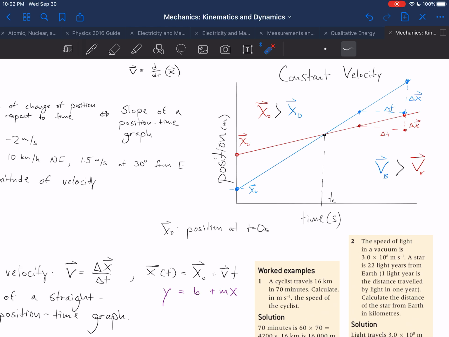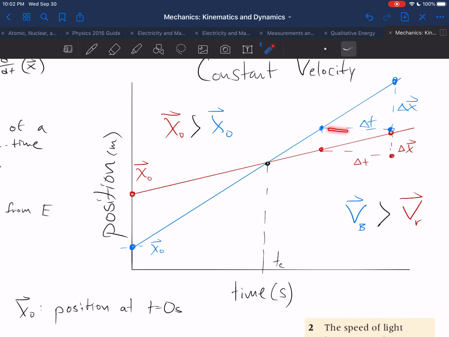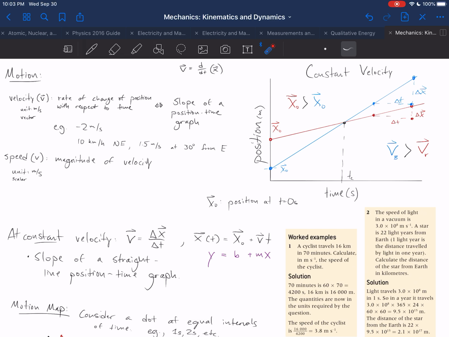This kind of graph is one to be familiar with, and we can see that the velocity of the blue object is greater than the velocity of the red object. For the same delta t, the delta x for blue is bigger than the delta x for red, meaning the displacement in the same amount of time is larger. That's simply what it means to have a larger constant velocity.